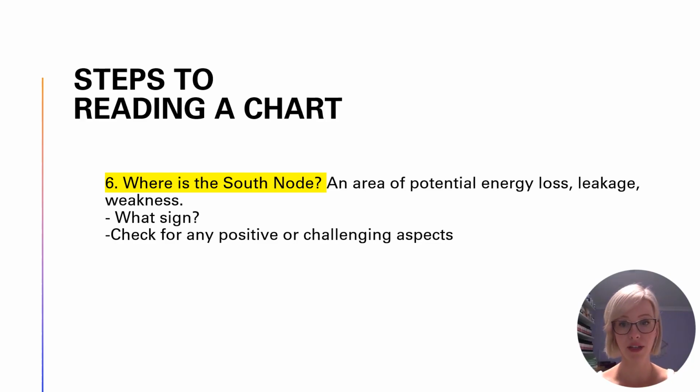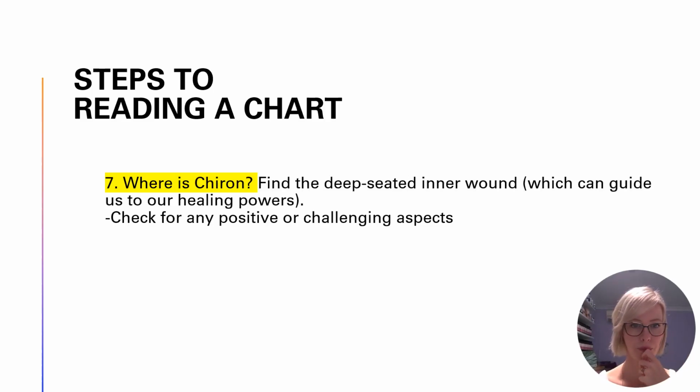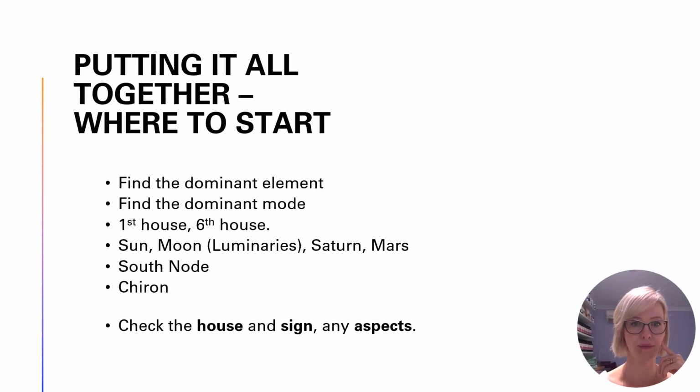So we check for the sign and we check for any positive or challenging aspects. So it's constantly layering information and then bringing it all together to interpret it. Whereas Chiron, find the deep-seated inner wound, which can guide us to healing powers. And check for any positive or challenging aspects.